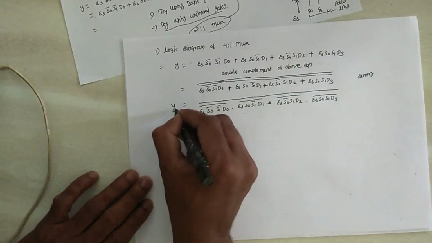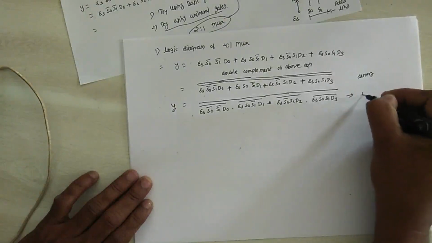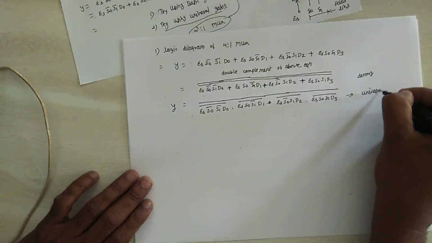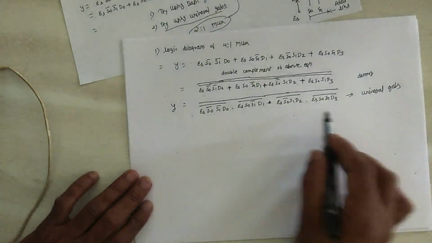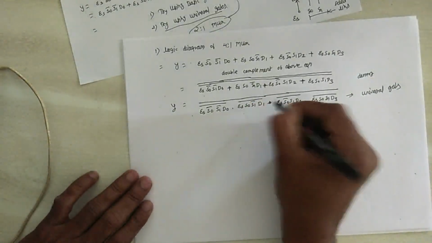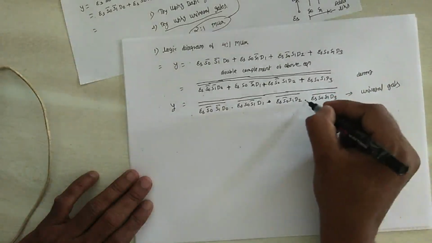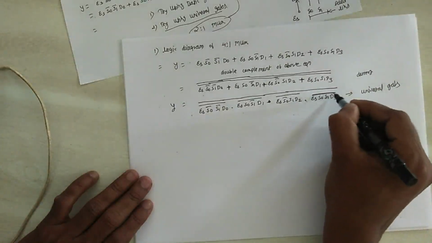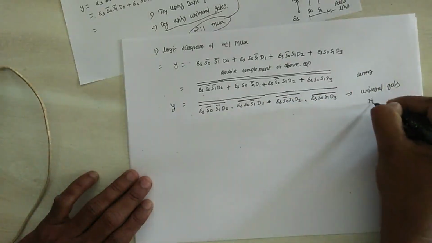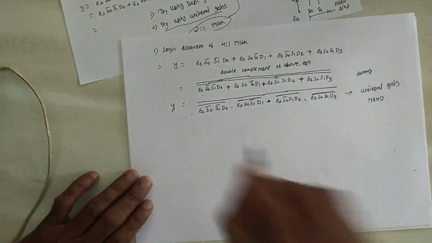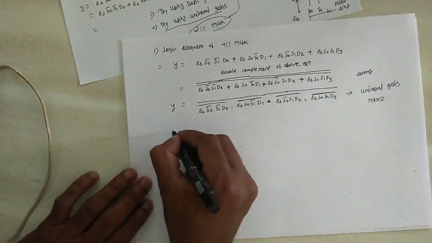So this is the Y equation, and we can easily draw the block diagram by using universal gates. If you observe carefully, the terms are ANDed with each other, and we want the complement of each term, so we use the universal gate NAND. First find all the inputs.